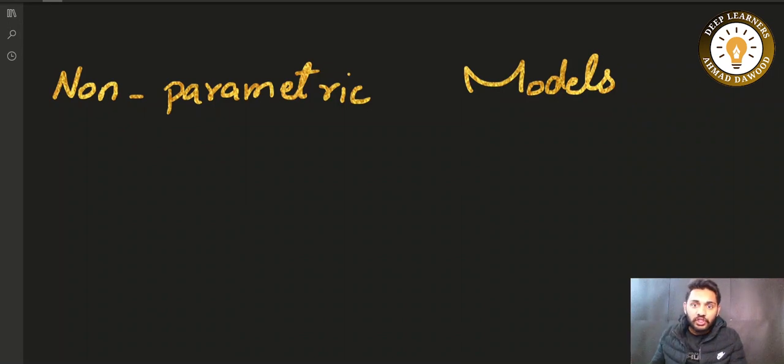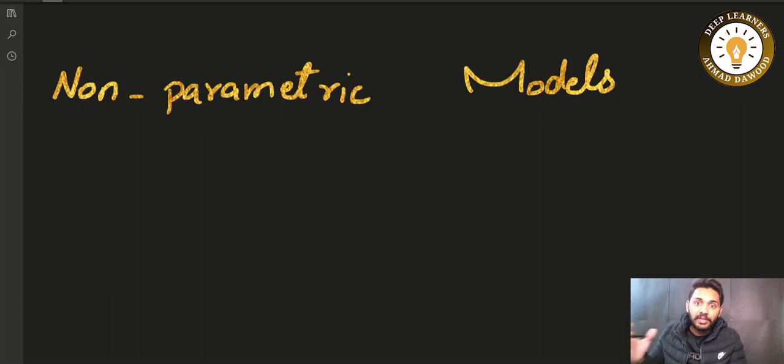In the case of logistic regression, it is also the same type of case. So you can get an idea: we have some parameters, some equations in our hand before the start of our training. But in the non-parametric model it is a little bit different.